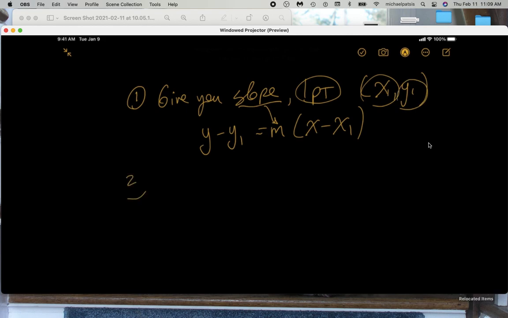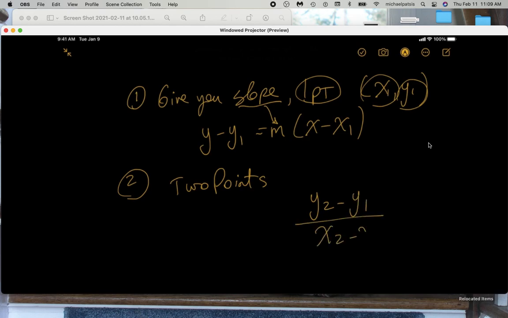Or, the second situation is they're going to give you 2 points, and they're not going to tell you the slope. No problem. You just do y2 minus y1 over x2 minus x1. Let me give you the 2 points.